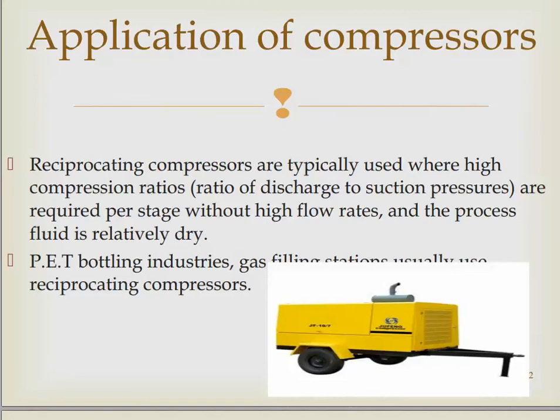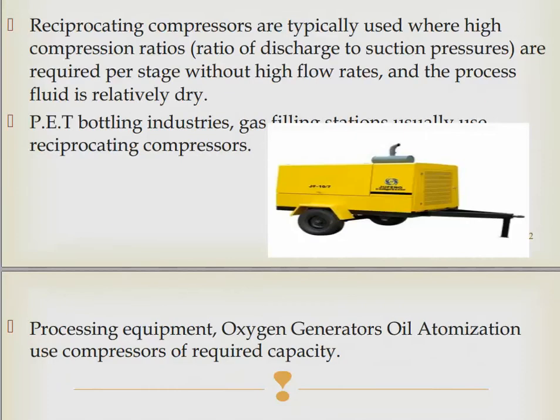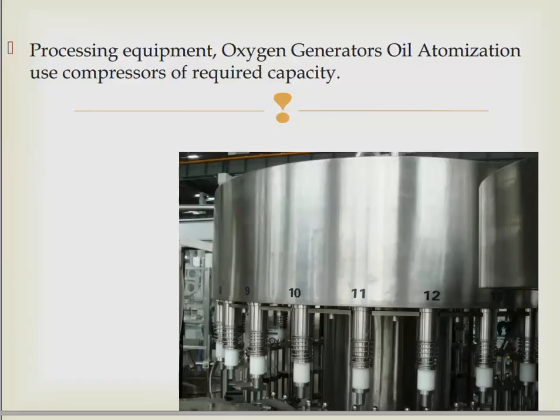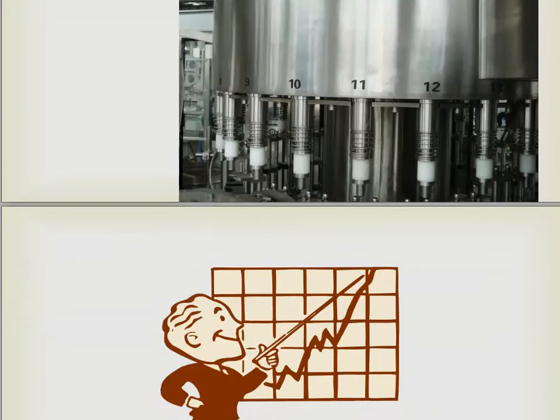PET bottling industry filling stations usually use reciprocating compressors to fill the bottles. In processing equipment, oxygen generators and oil automation use compressors of required capacity.